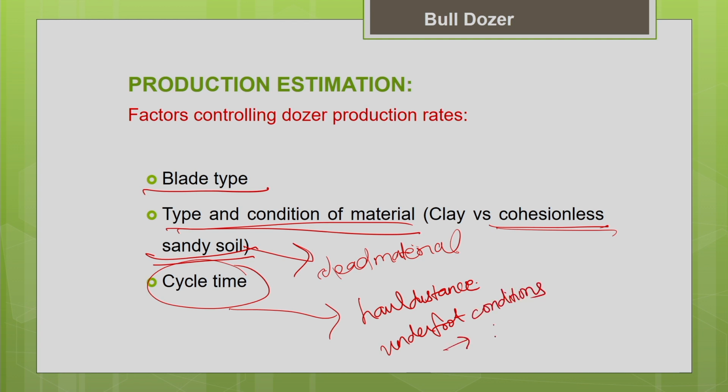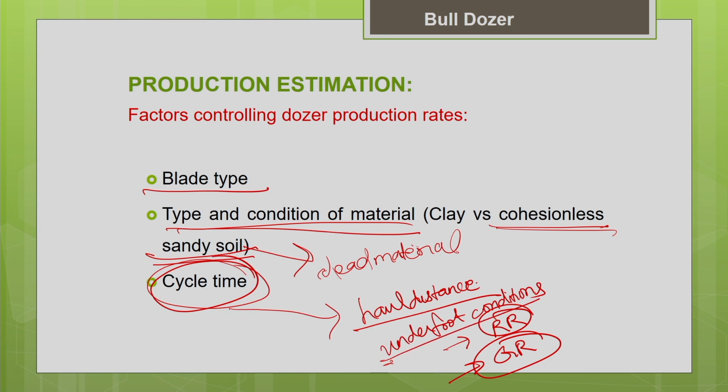What is the rolling resistance and the grade resistance prevailing there, whether you are going to move up the slope or down the slope, all these things will affect the cycle time. The haul distance, the site underfoot conditions, and the resistances which the vehicle is going to encounter will affect the speed of the machine, and that is going to affect your cycle time.